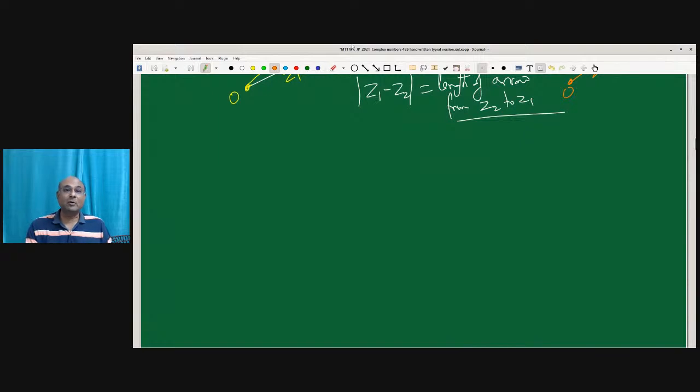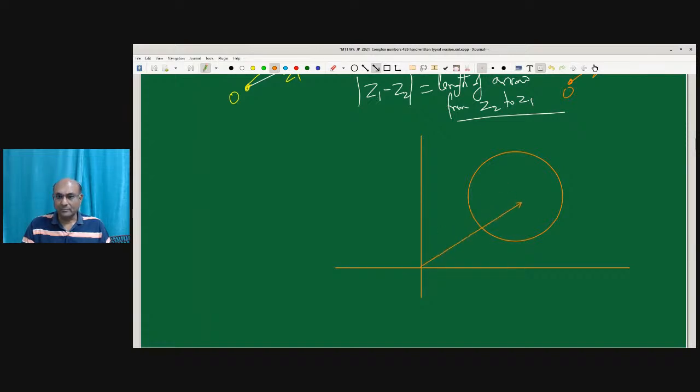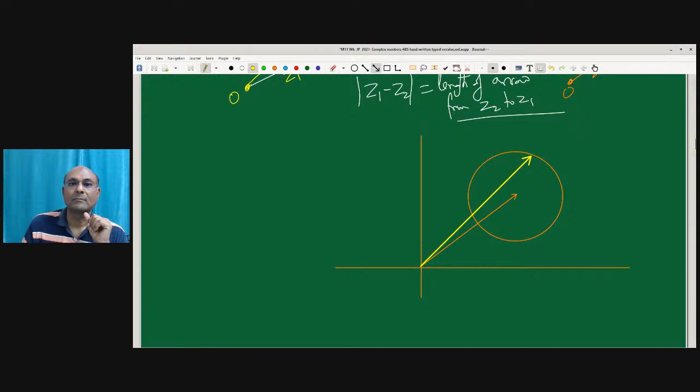So if I now think about a circle, and let's look at an axis. Let me say that this arrow is the arrow that I'm interested in. This is the center. Now let us say that this is the arrow for some point on the circumference.